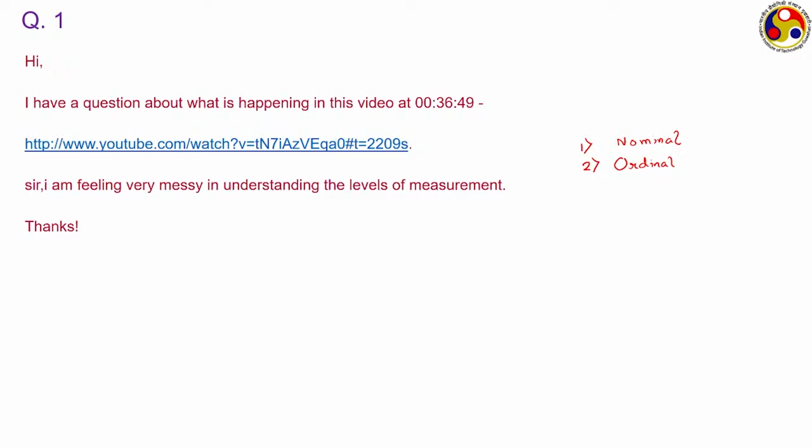Suppose there are 10 students in a class, and they have all appeared in an exam. Instead of talking about exactly what marks someone has got, we say this particular student is second in this exam. That second is a relative measurement, and that's what we talk about under the ordinal category.